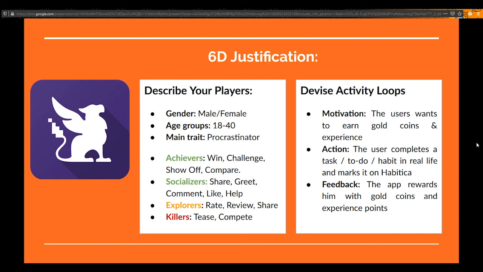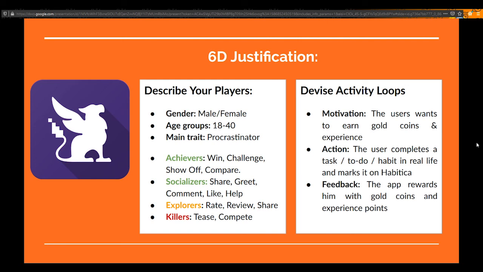And then for the explorers and killers, there are fewer actions, but that doesn't mean that a player that has this type wouldn't use Habitica. For the activity loops, Habitica's main loops are the tasks and the habits that the user puts themselves into.